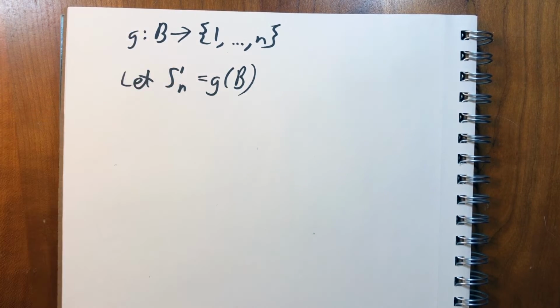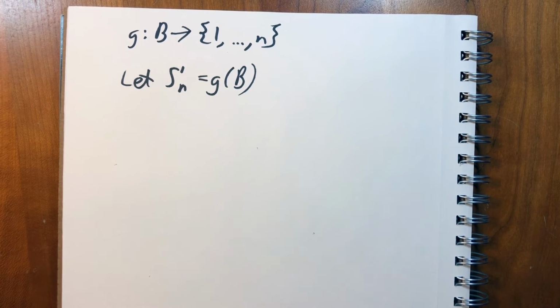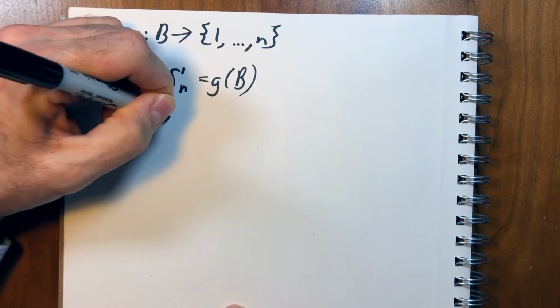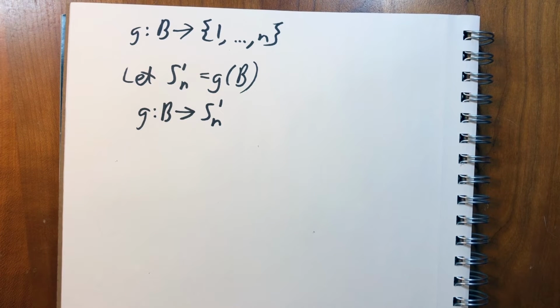So that means this set is every element of the range that is mapped to, that is the image of some element of b. Then changing the range of g from Sn to Sn prime gives us a bijection from b to Sn prime. This sounds weird, but it's not anything, because the range is just the set that the images of the function belong to.